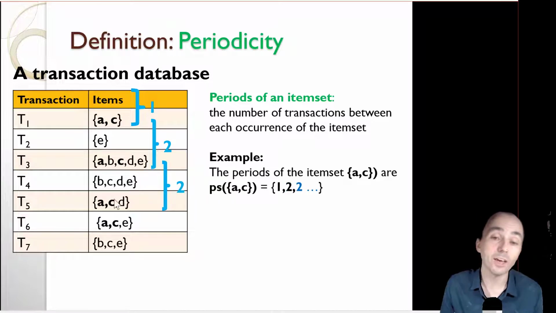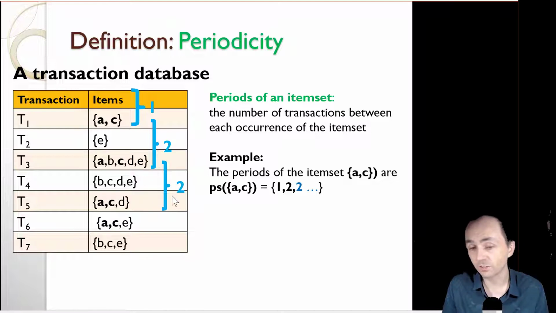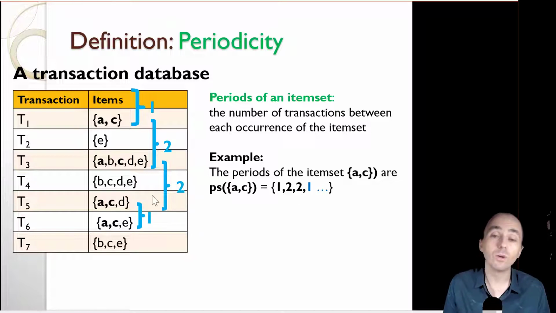AC appear again in T5. So 2 transactions later, we have AC again. So we say the next period of AC is a 2. After that, we have AC again in T6. So 1 transaction later. So now we have 1, 2, 2, 1, okay, for the period.